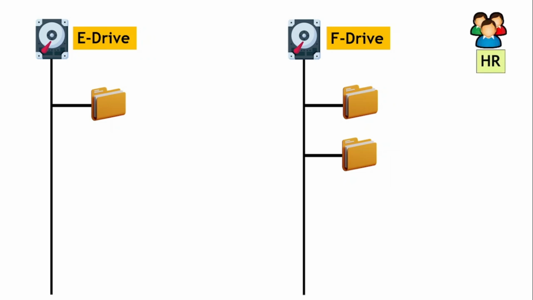And we have an Active Directory group named HR. And this HR group has full permissions on this folder under the F drive, and read-only permissions on the first folder under the F drive.